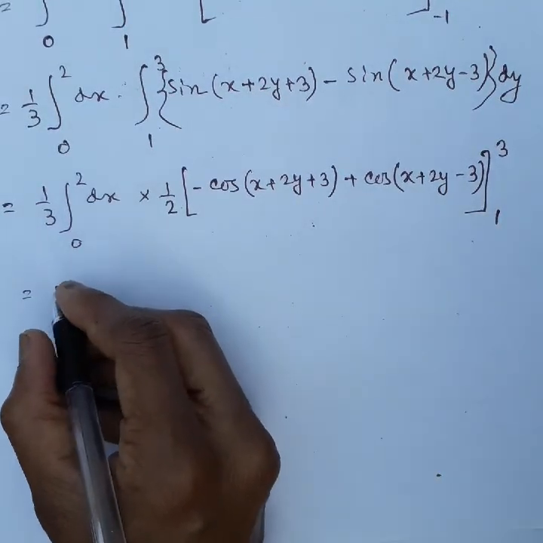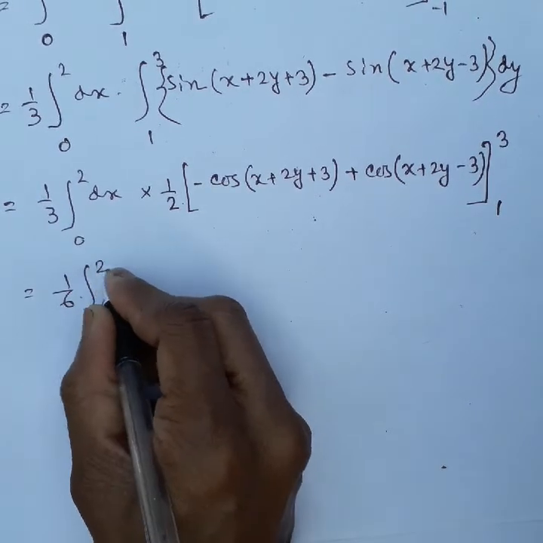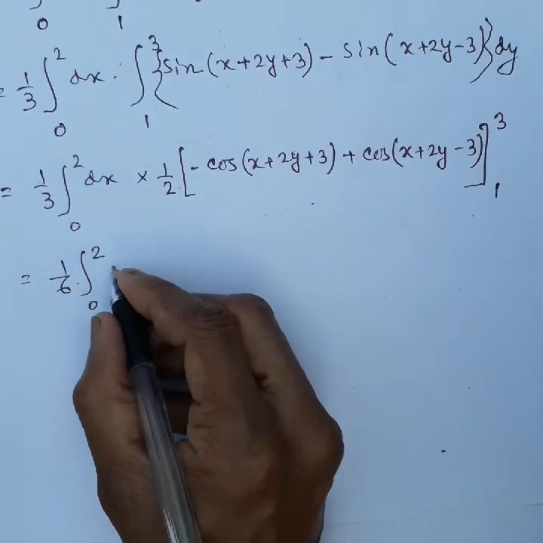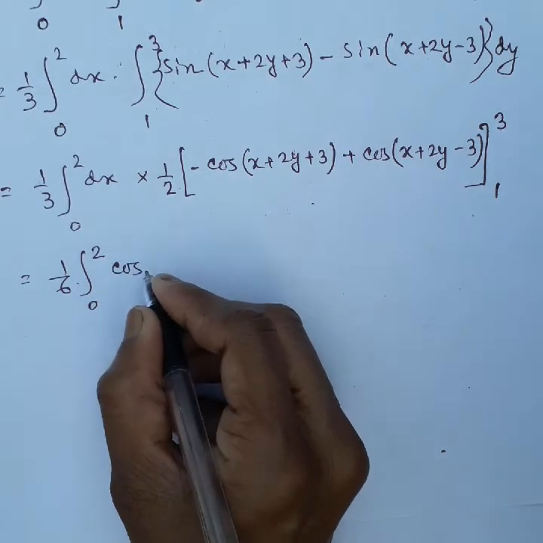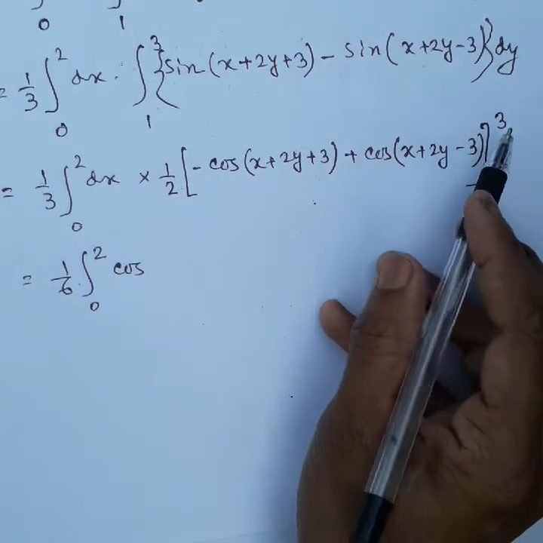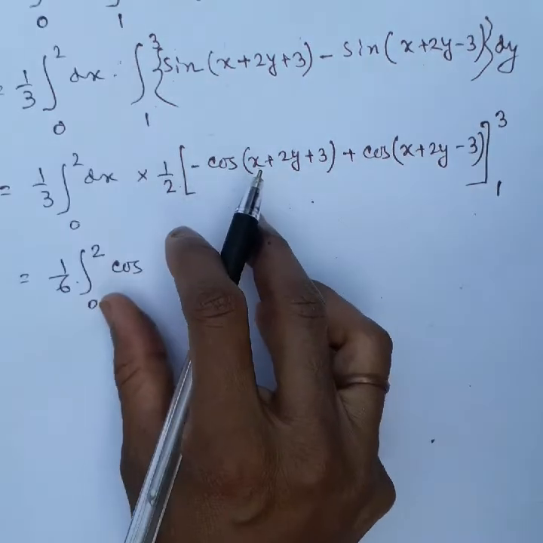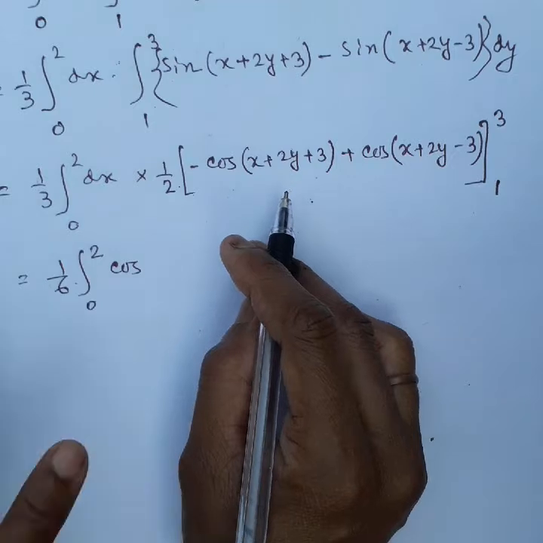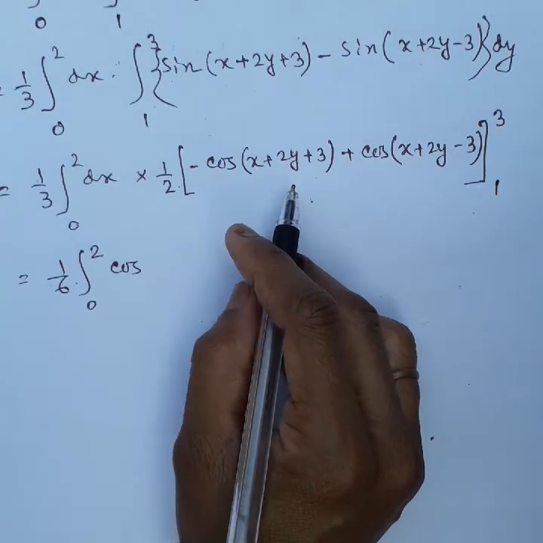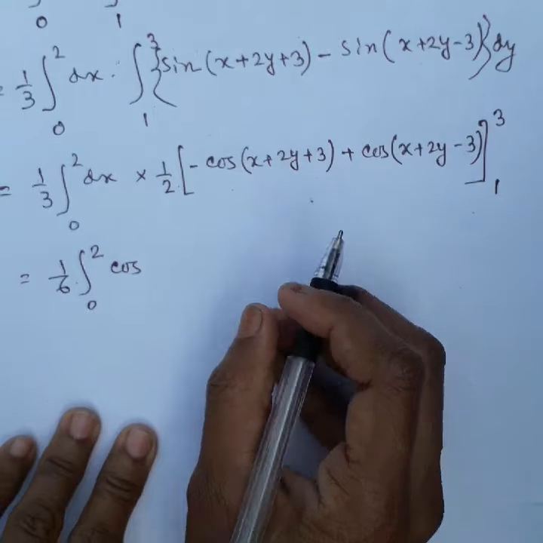So this is 1/6 integration from 0 to 2. When we put y equals 3 here, that means 6 plus 9.